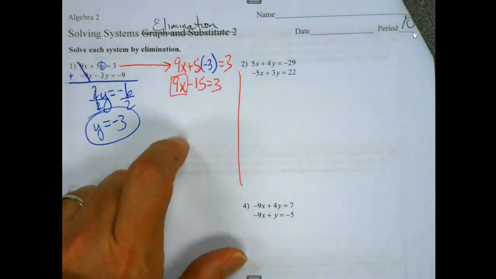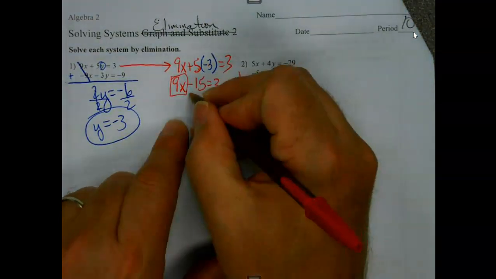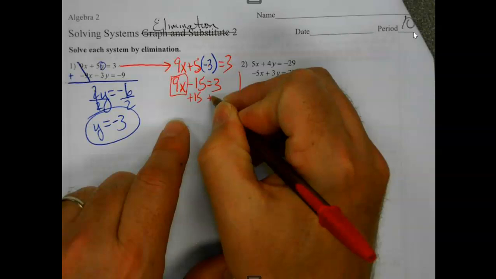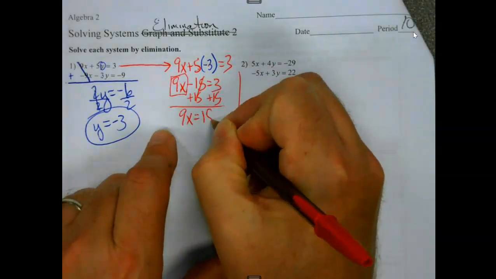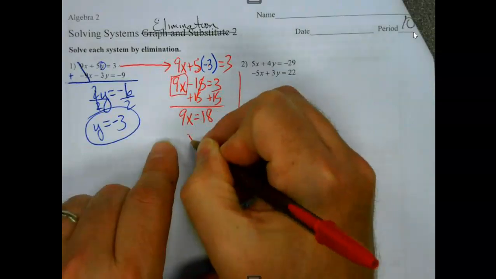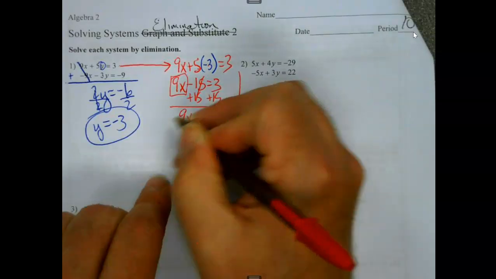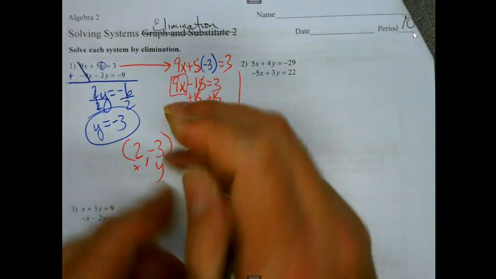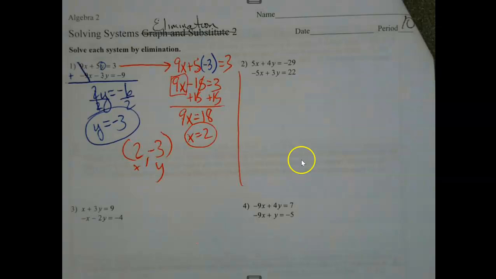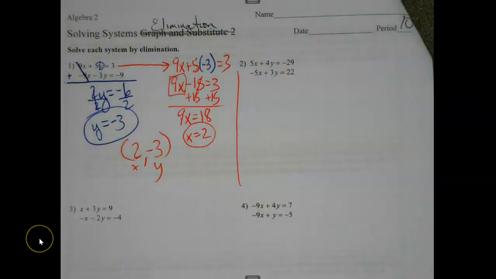And now we're just back to a regular old two-step equation. And divide by 9. Now, I prefer to see it as a coordinate point like this because x always comes before y.